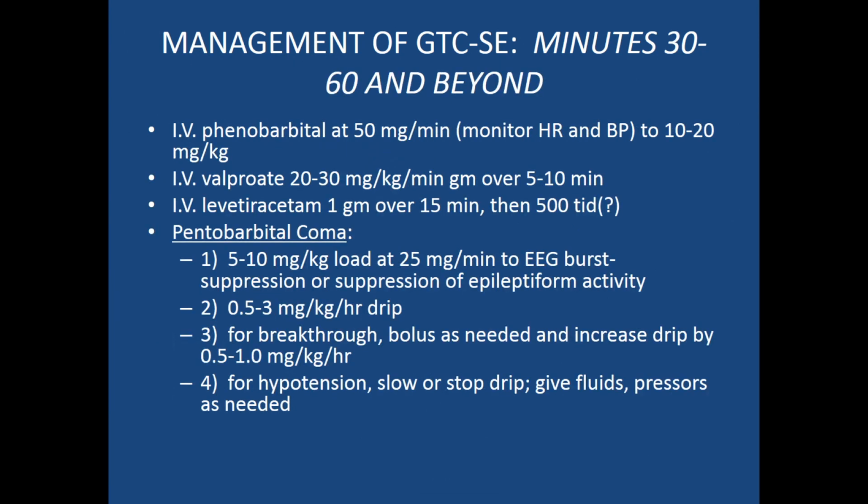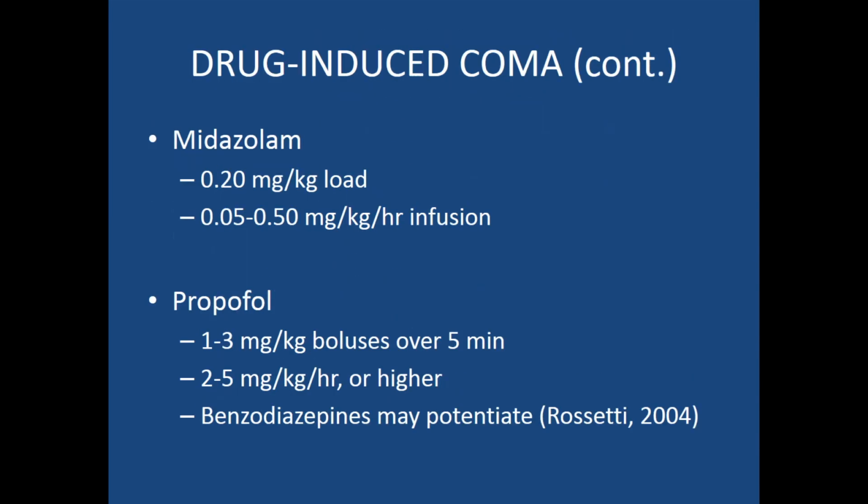If that second agent does not work, they've reached the max dose of benzos, they've reached the max dose of Dilantin or whatever that second agent is going to be, and they continue to have events, we should then put them in iatrogenic coma. And phenobarb has been the one that has been discussed over the years the most. It's been around the longest, but we can also do it with midazolam or even propofol.